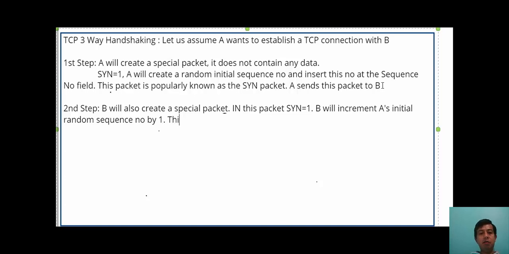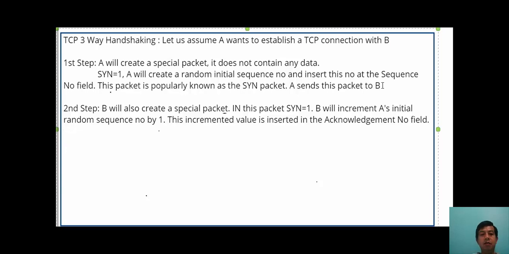Now this incremented value is inserted in the acknowledgement field. Clear? Sequence number field, and the next is the acknowledgement number field. So whatever initial sequence number B has received from A, it will increment it by 1 and then insert that number in the acknowledgement number field.